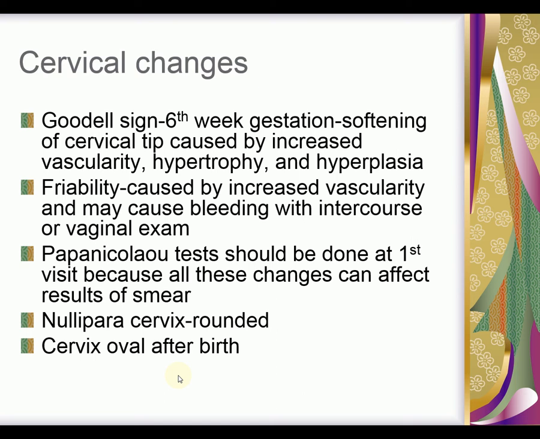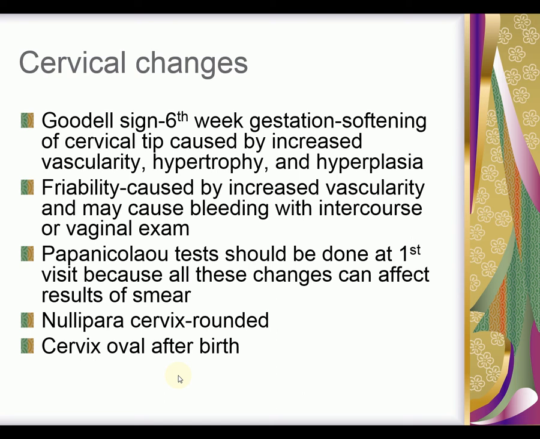So sometimes a little bit of bleeding will make them have contractions, so they feel like they're in labor or going into labor. Pap smears, we should always do those at our very first visit, because all these changes going on, all these cervical mucosa increases, are going to affect the results of a smear. So the sooner we can get that pap smear done, the better off we are. How does your cervix look before you have a baby?